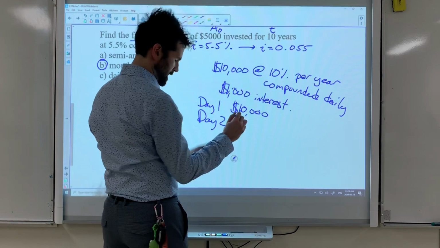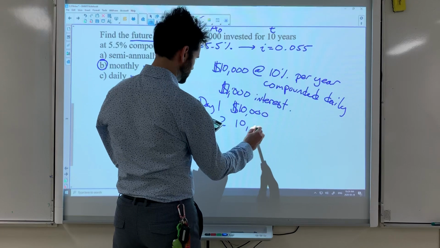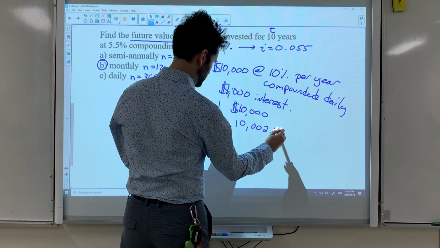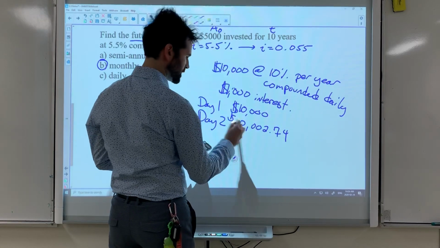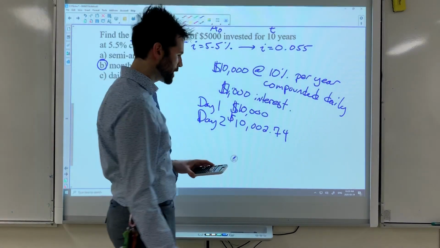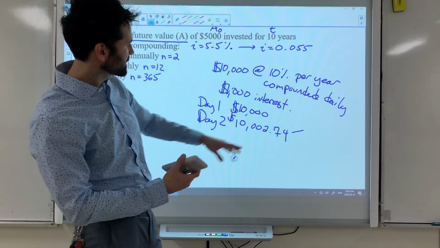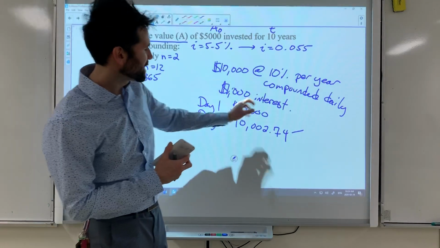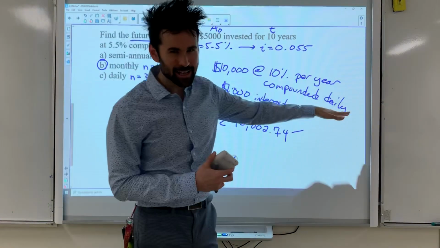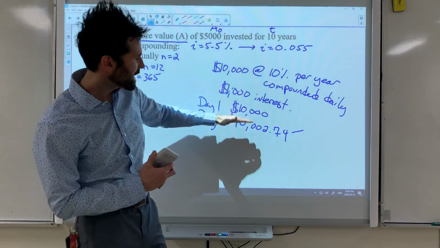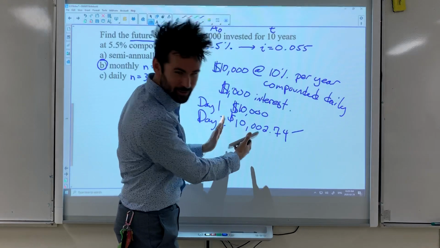Day two, they say, at 10% interest, you now owe us $10,000 plus $2.74. So now you owe us this. And by the way, now we're going to calculate the compounding interest on this. So they say, you owe us this much money now, and they recalculate everything, and then they tack that amount back on. So this compounding daily idea is that every day we add on the interest that accrued in that one day, and we put it back on the original amount.